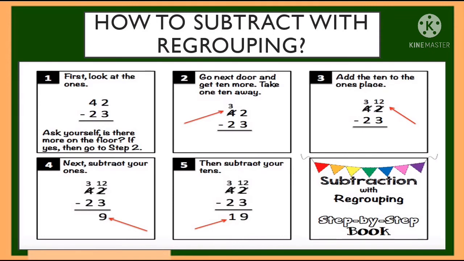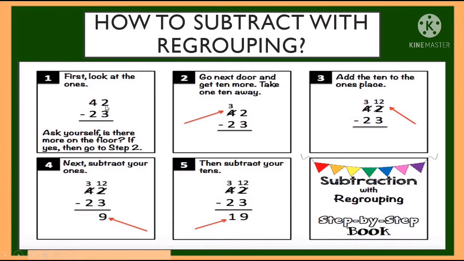The meaning of that is, if the minuend is less than the subtrahend, then we need to borrow from the other number. Again, as you can see here, this one is 2 and this one is 3, right?